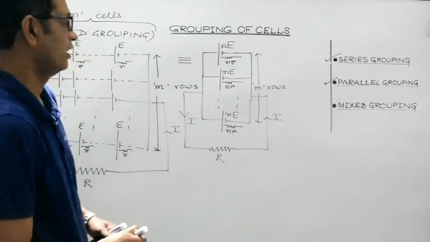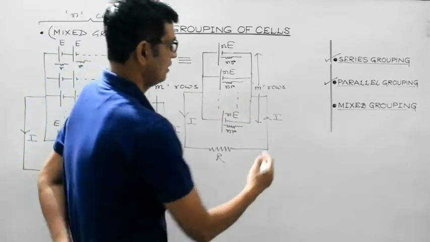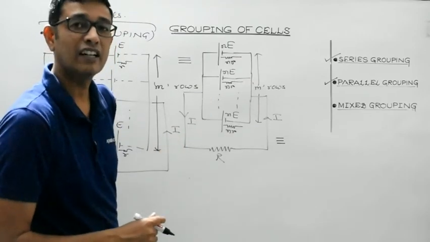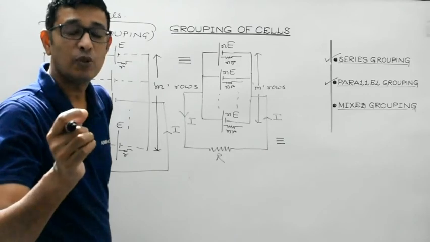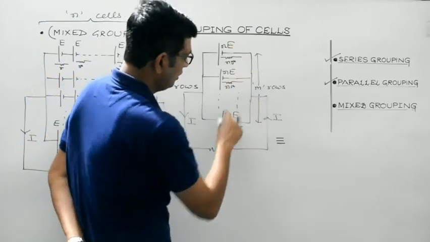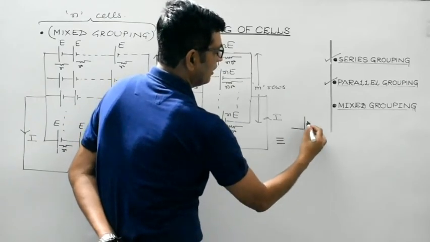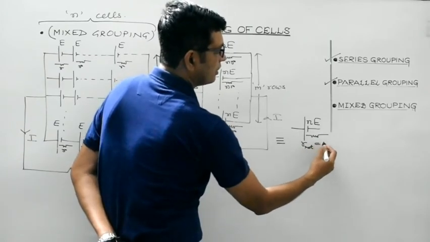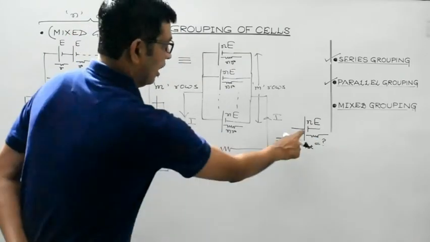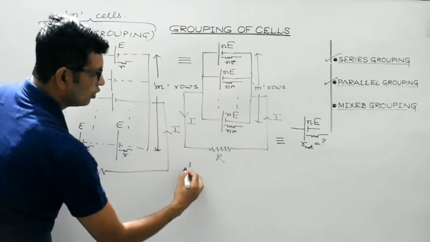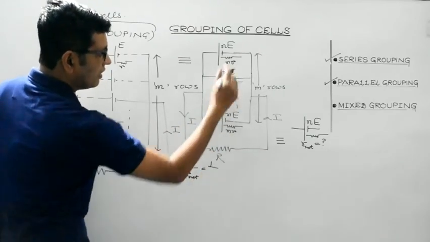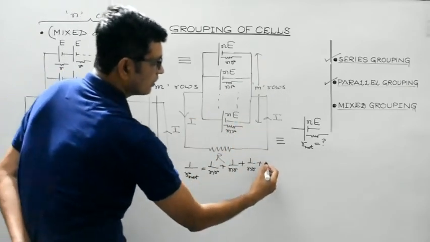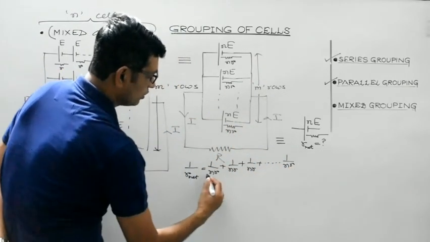Clear, students? Now the circuit can still be simplified. All these m rows are connected in parallel, and in parallel the potential difference is constant. So all these can be replaced by a single cell having net EMF of nE and net internal resistance that we can find as follows. All are connected in parallel, so 1 by R net would be equal to 1 by nr plus 1 by nr plus 1 by nr, m times, as there are m identical rows.